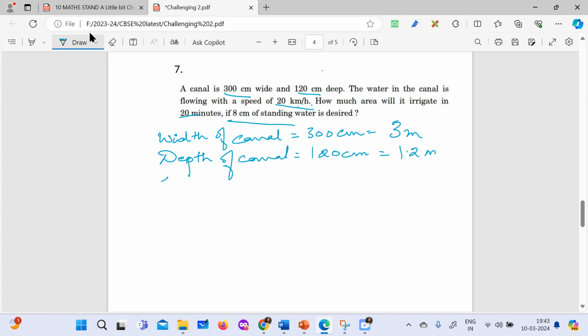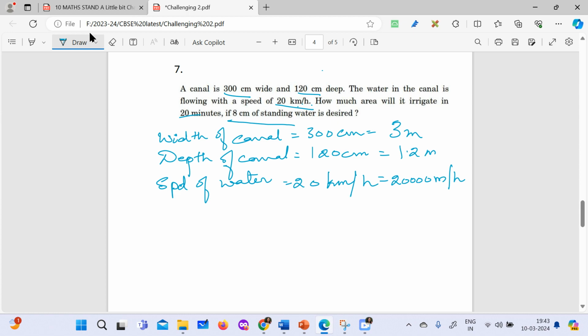Okay, and the speed of water is 20 kilometer per hour. What I will do, this 20 kilometer per hour, I will convert this into meter per hour, because here we have written all the values in meter. So this will become 20,000 meters per hour.